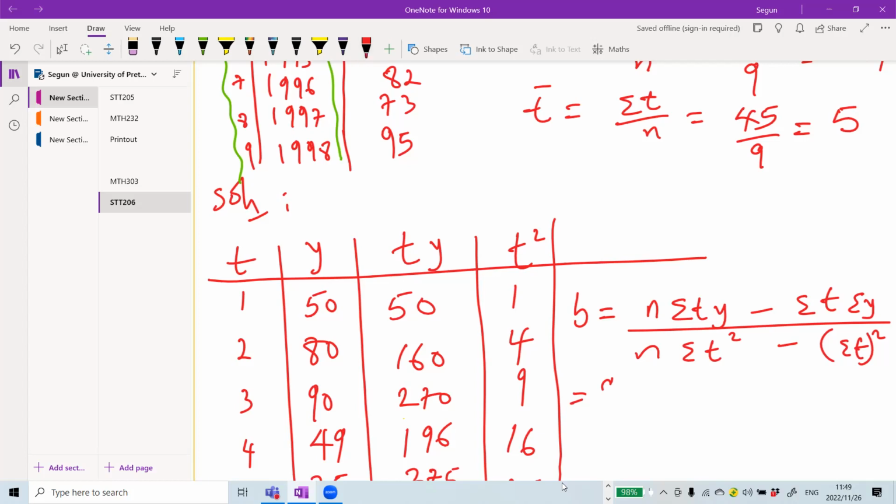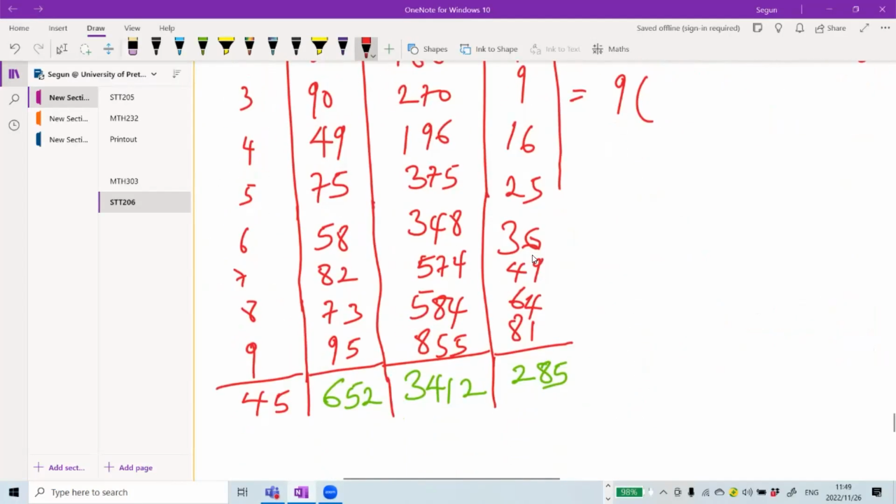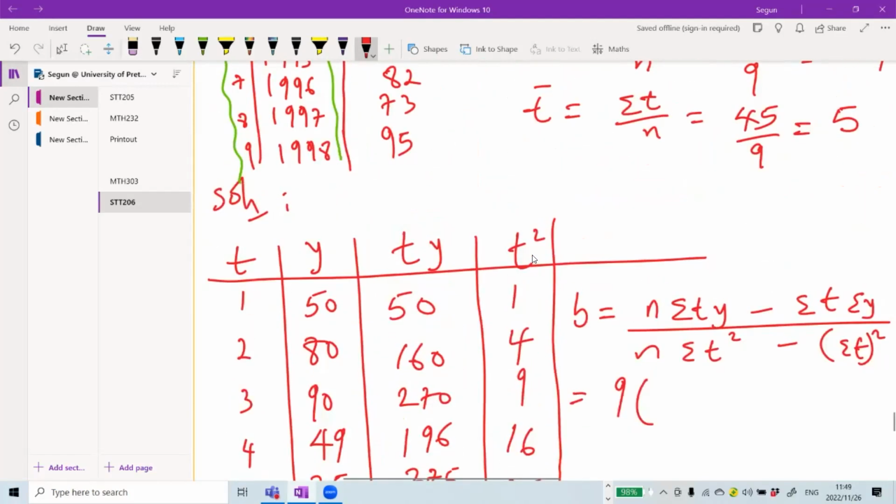Let's substitute 9 in brackets. Summation TY is what? We have it. 3, 4, 1, 2 minus summation T, summation Y.